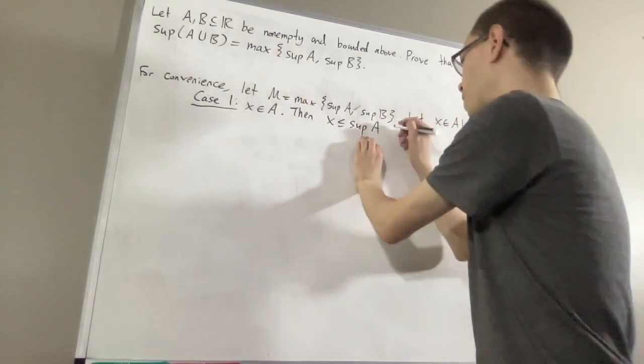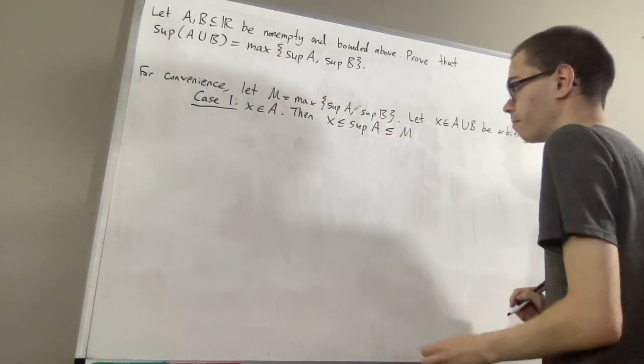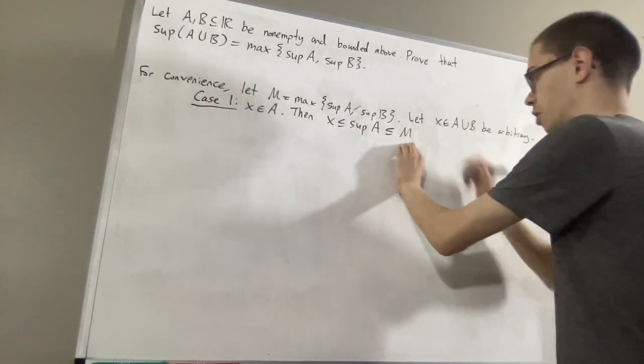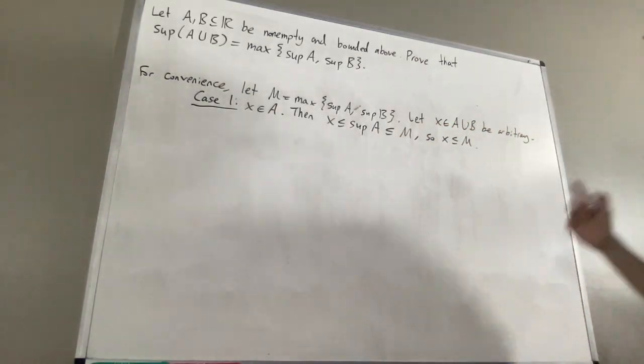So the supremum of A is less than or equal to M, just because M is the maximum. So this shows x is less than or equal to M. And so we're done. This completes case 1.